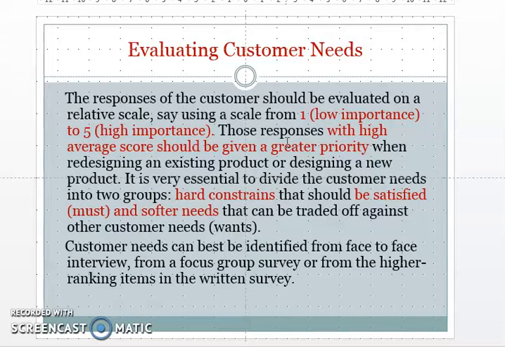If the responses we get are above the average score, that is high, then a greater priority should be given to these questions or these needs when redesigning an existing product or designing a new product. You have to give more weightage to these questions, meaning high importance.